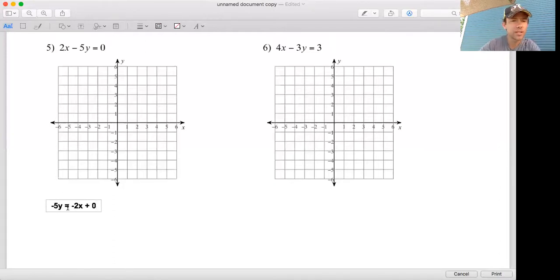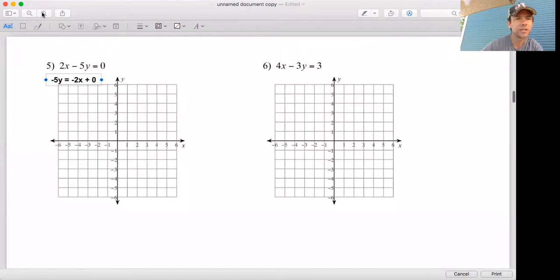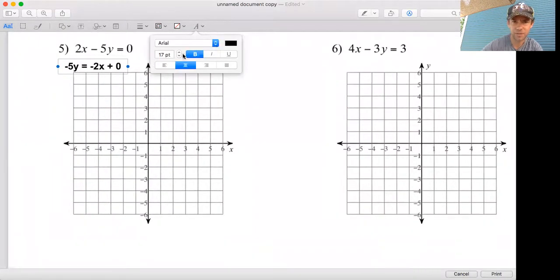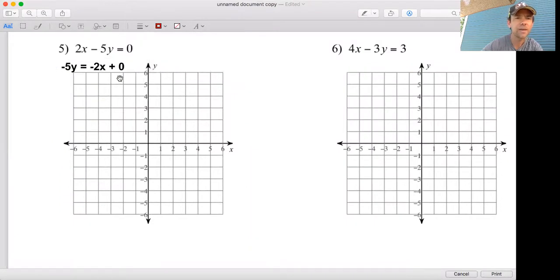I moved the x value over. This would be positive 2x, and when it's on the other side, it's a negative. That's what happens when you move a term over, or you could think that I subtracted 2x from both sides.